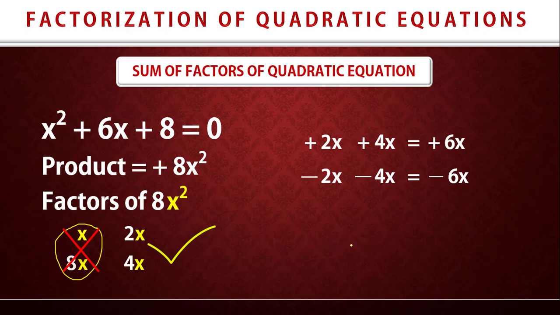Okay, there will be some scenarios whereby your product will be minus. So I'm talking about the next one now. So we have 2x and we have 4x. This time around we're going to use opposite signs. We're going to put minus for the 2x, so we have minus 2x, and then for the 4x we have plus 4x. You can see now we have opposite signs there, minus and plus.